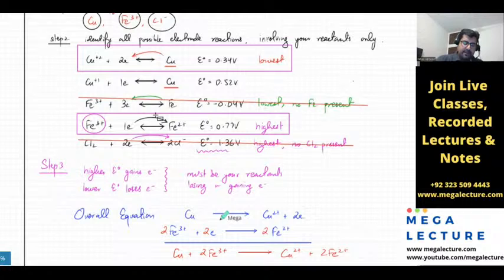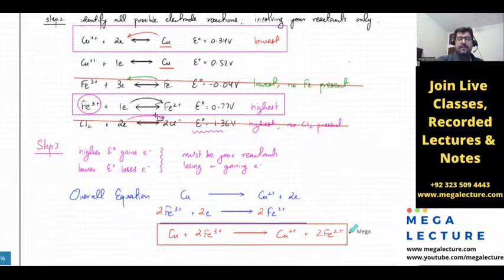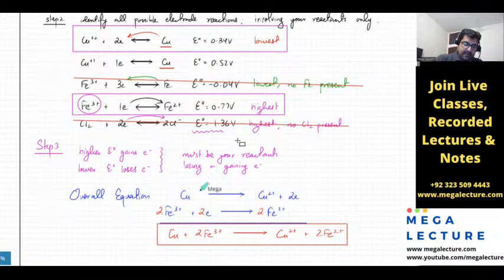So after all of this effort, you've been able to figure out what your final equation is. And you've also been able to figure out the E0 cell. That's reduction potential minus oxidation potential. That's your E0 cell. That's 0.77 minus 0.34. That's 0.43 volts.